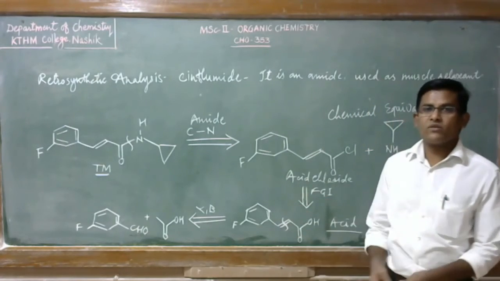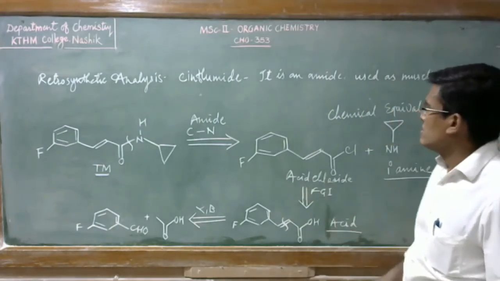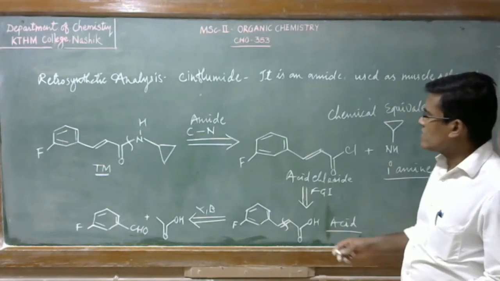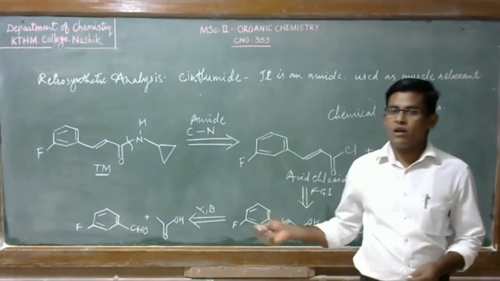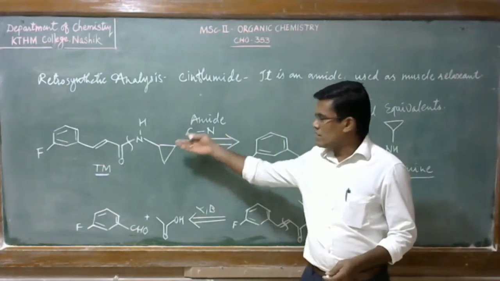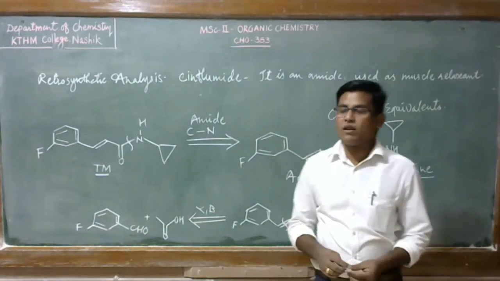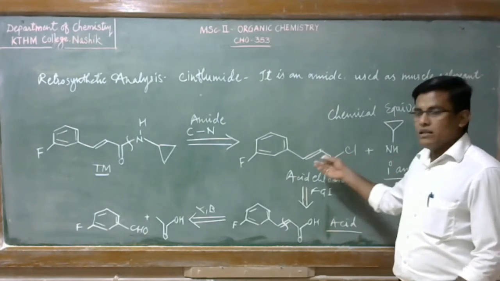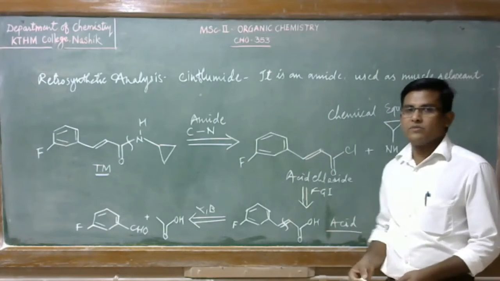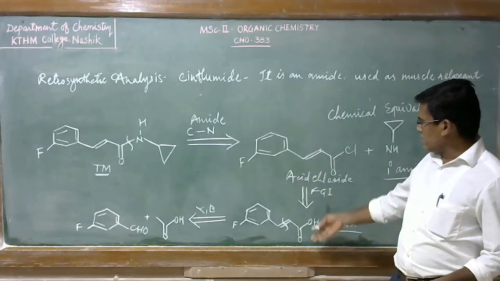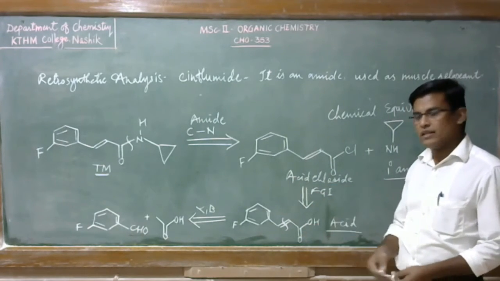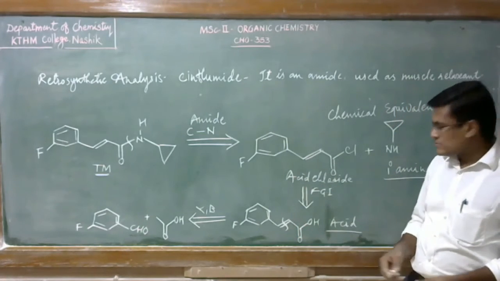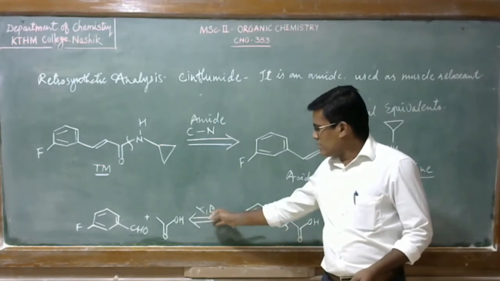So this is the retrosynthetic analysis for synflumide. When you have this amide bond, first of all we flipped the C-N amide bond to get these two precursors. Then since this acid chloride is more reactive, we converted it into its corresponding acid so that we can make the further carbon-carbon double bond disconnection.